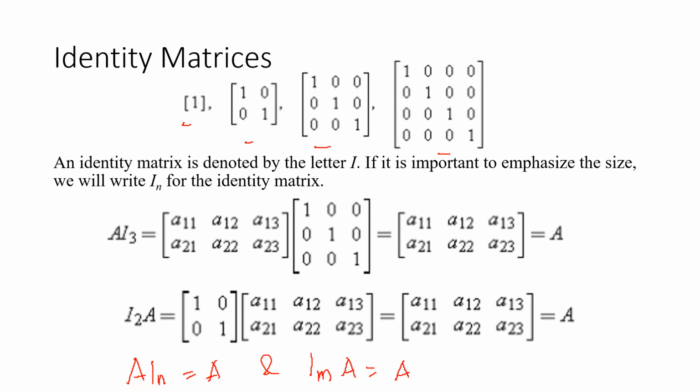You have A times 1 equals 1 times A, which is equal to A. So that's the identity property.